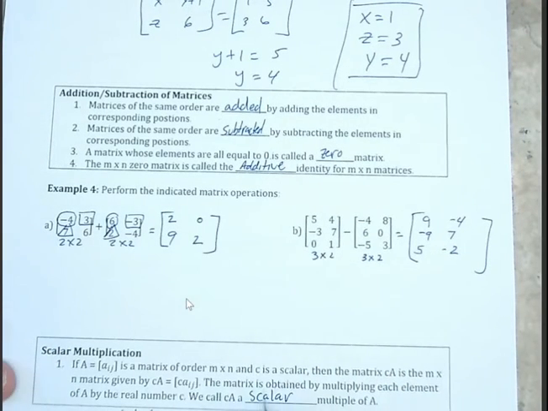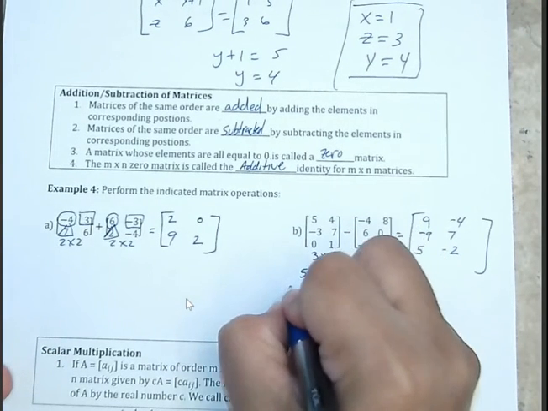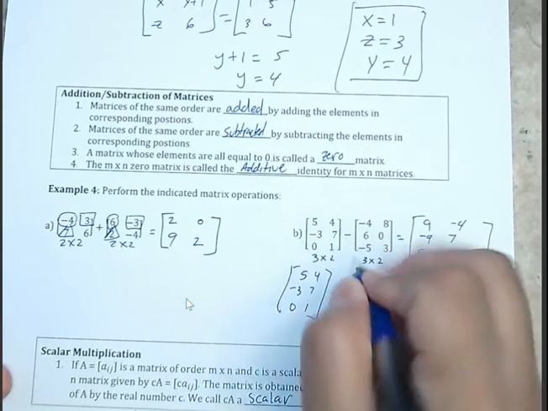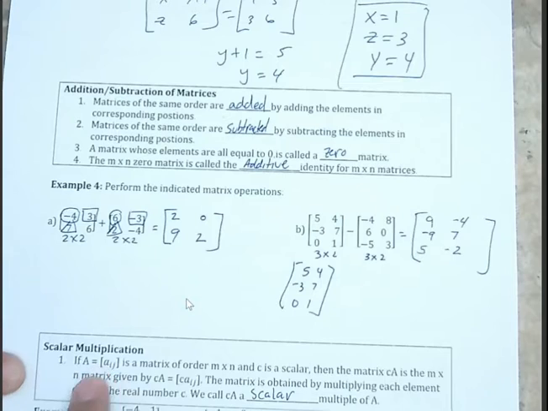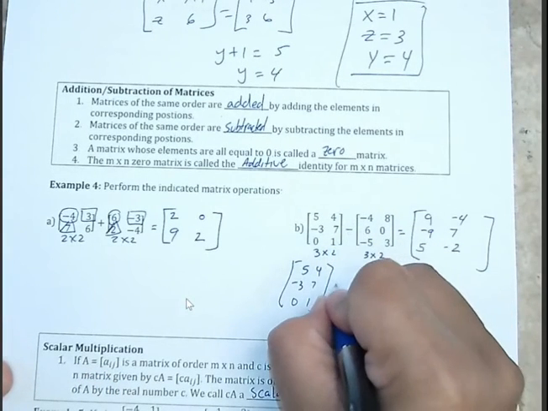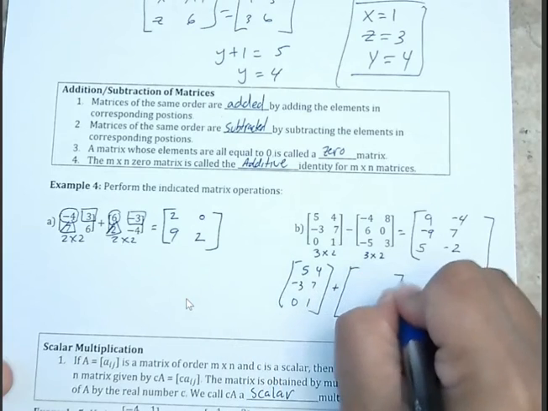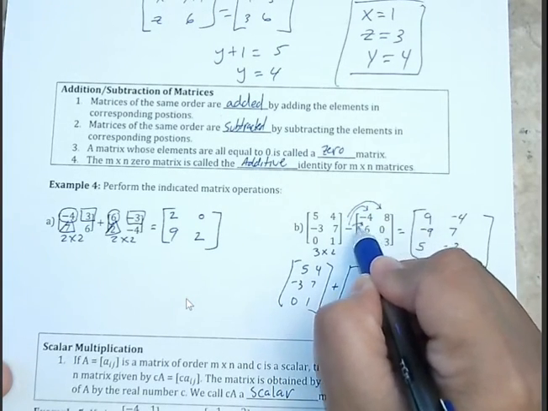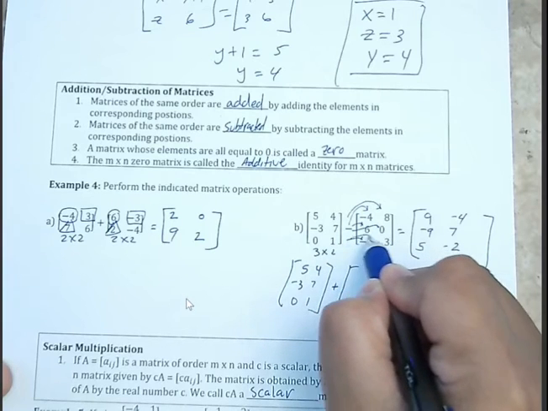So that's one way to do this. Another way to do this is we can use scalar multiplication, which we'll see down here. But basically what that means is the subtraction, I would change it to addition, but this negative is going to be applied to every element in the matrix.